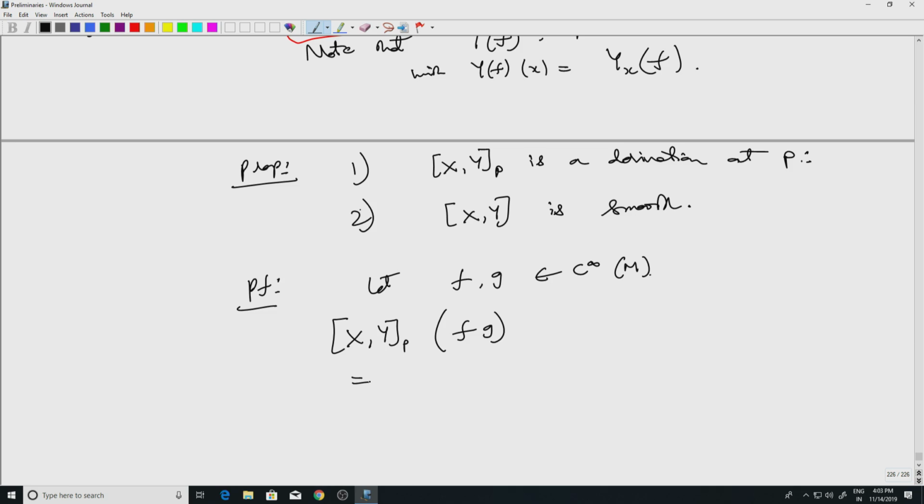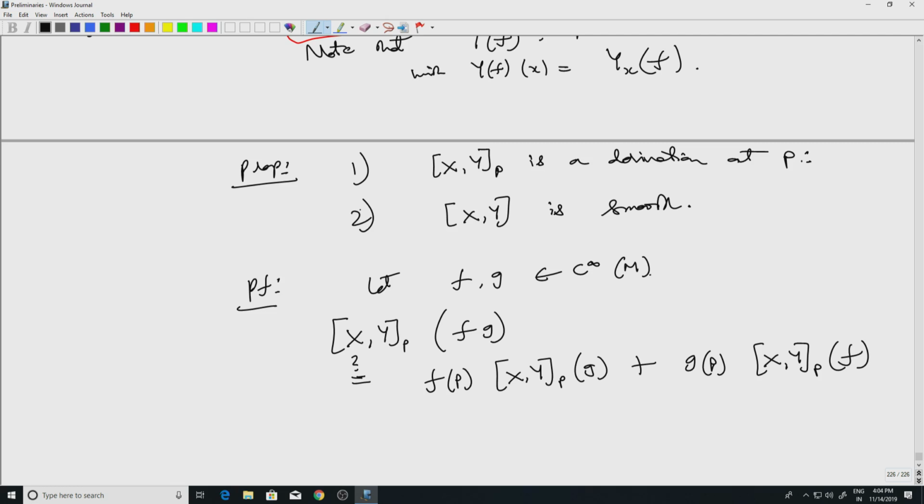We want to verify whether this is f of p times [X,Y]p acting on g plus g of p times [X,Y]p acting on f. I'll put a question mark here. Is this equal to the right hand side?